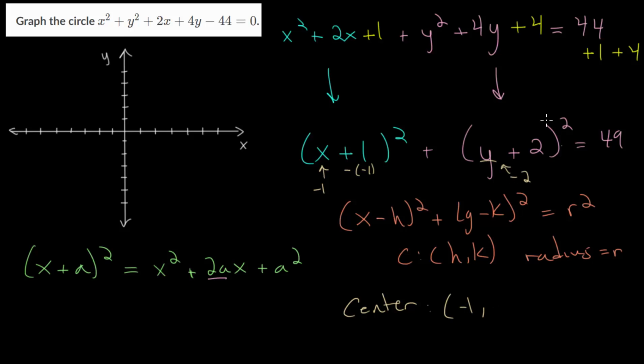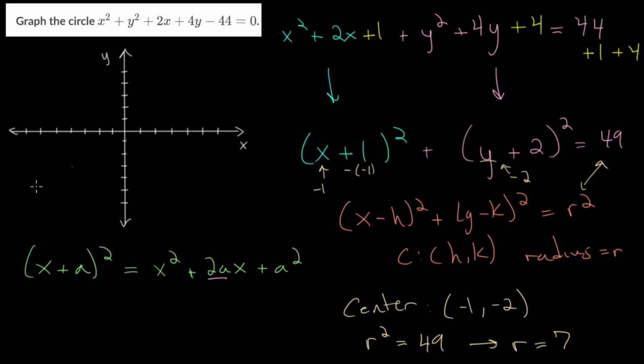But either way you want to look at it, since again, this is really just subtracting -2, since that's the same thing as adding 2. So we have -1, -2 for the center, and notice that it's equal to 49, and the standard equation is equal to the radius squared. So r squared is 49, and if we take a square root of each side, the radius is 7.